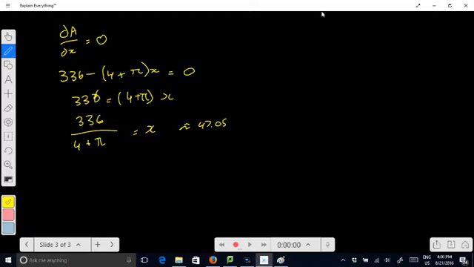As the area function is a concave down quadratic, the stationary point is a maximum turning point. For the height, we had 2h equal to 336 take 2 times 336 over 4 plus pi.